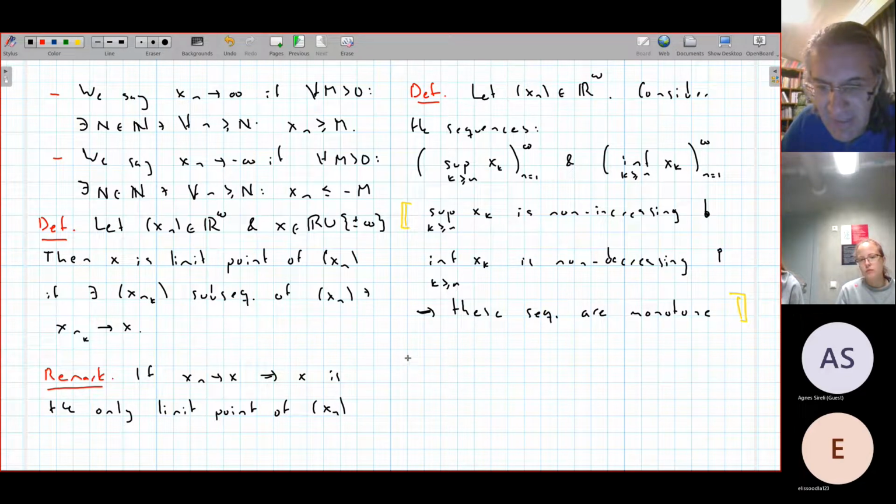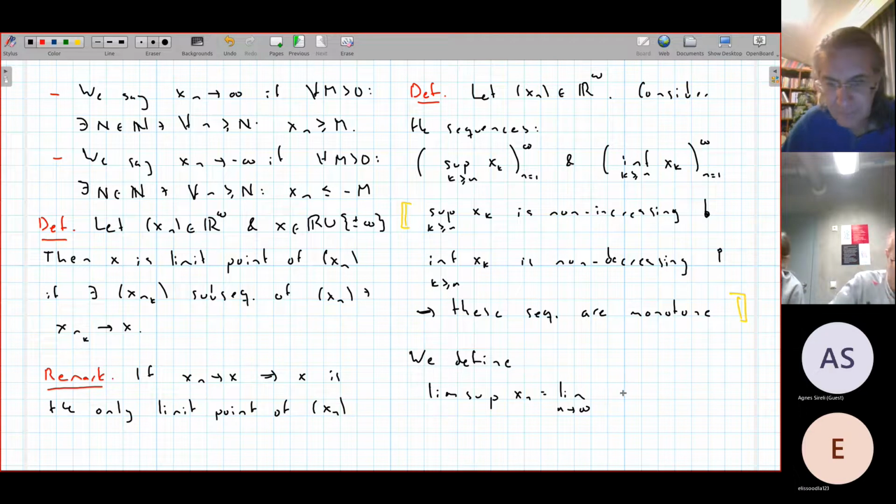So in that sense, it makes sense to define the following numbers. So we define the limsup of xn as the limit when n goes to infinity of the supremum of xk for k greater than or equal to n. And as I said before, this exists in the extended real numbers.